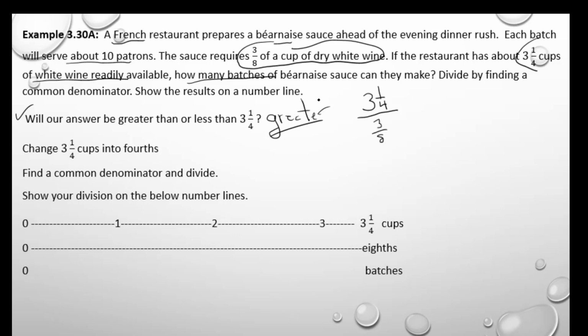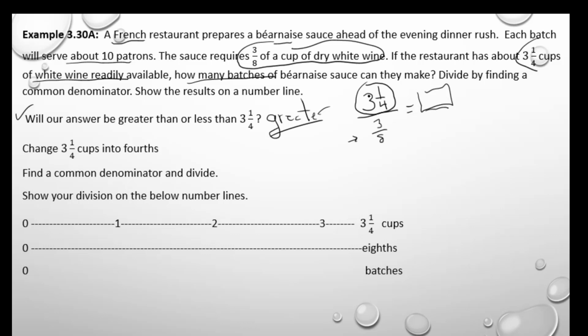A lot of students think that when you divide, the answer is smaller because you're dividing. But here's the key, and we've been over this. When you divide by a number less than 1, the quotient or the answer will be larger than the original number. It's just the opposite with multiplication.